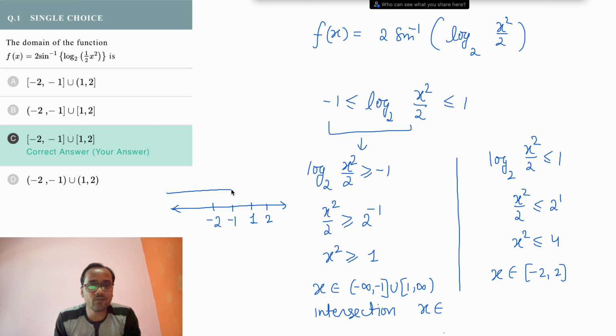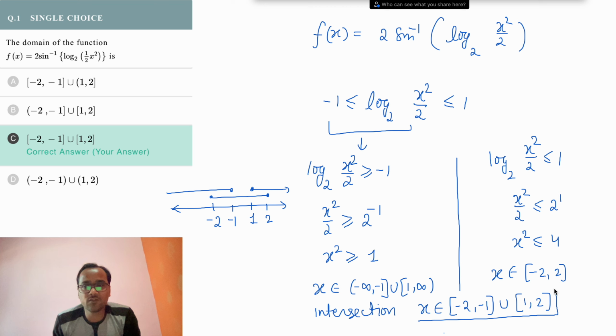So minus infinity to minus 1 union 1 to infinity is there. The second inequality is minus 2 to plus 2. So the intersection part will give you minus 2 to minus 1 union 1 to 2. So the answer for this question will be option number C.